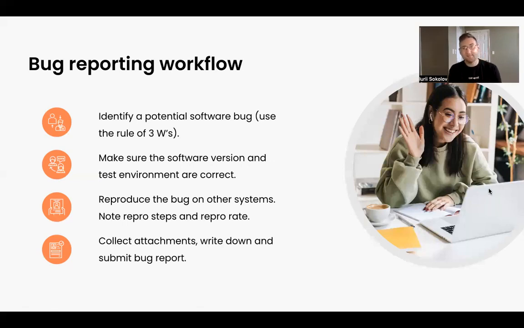In most cases, bugs happen across all the platforms, all the systems. But in some cases, you may see a bug happening on iOS 15, but when you retest the same thing on iOS 14, it's not there. It means that it's OS specific, which is important for you to note.